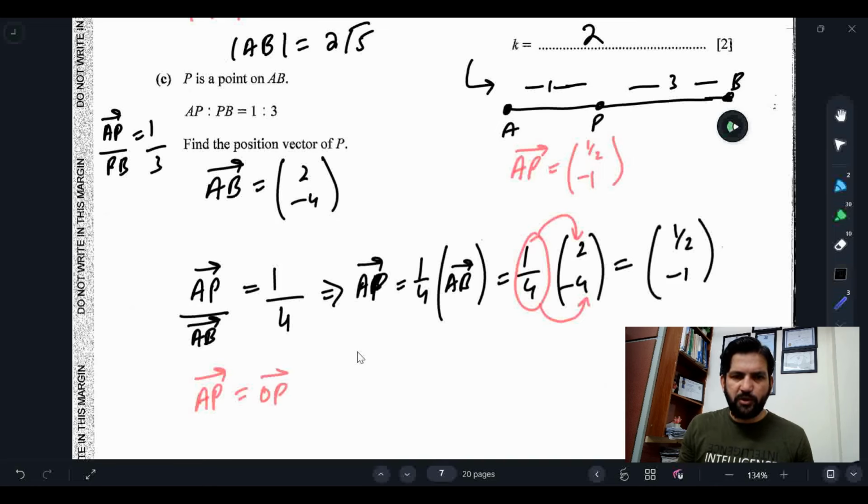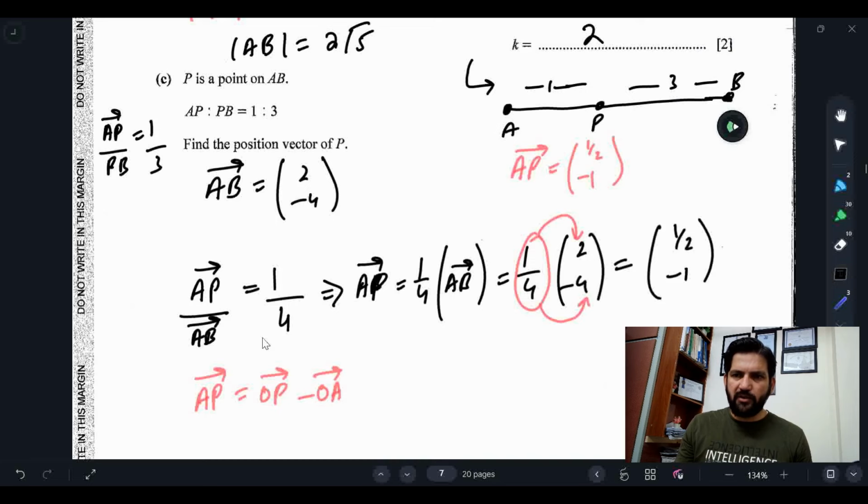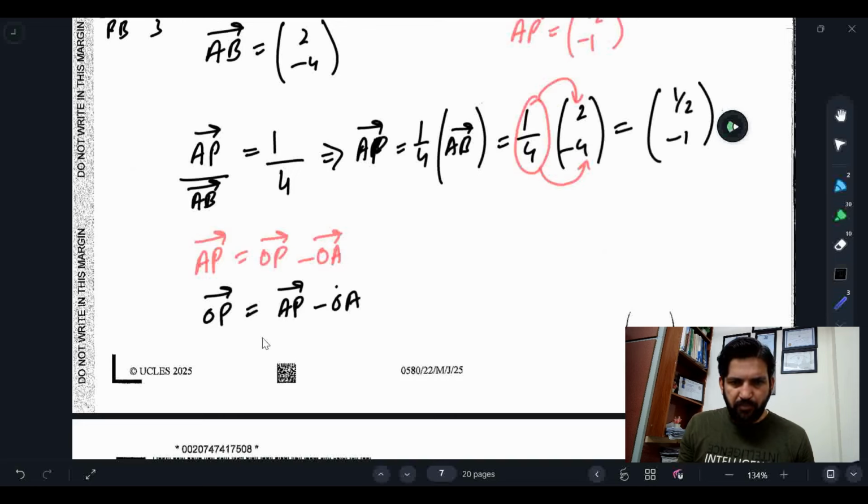So AP should be equal to end point minus starting point, and we know the coordinates of A, we have to find the coordinates of P. So if we rearrange it, OP will be equal to AP plus OA.